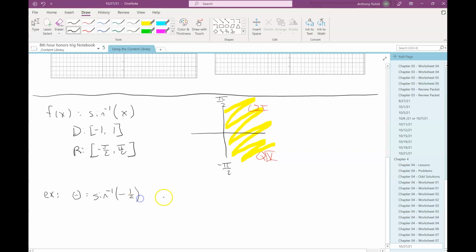So let's say we want to find the theta whose sine is equal to -1/2, and the theta we want is the one that's between pi over 2 and 3 pi over 2.